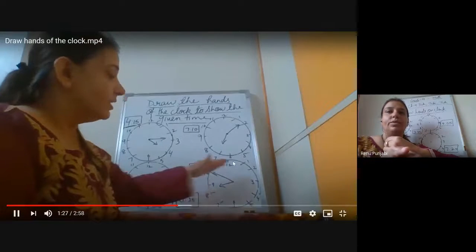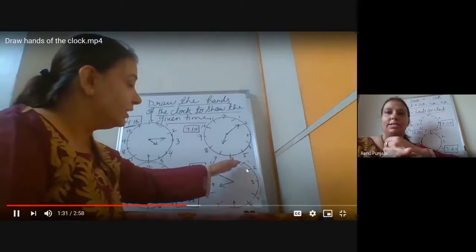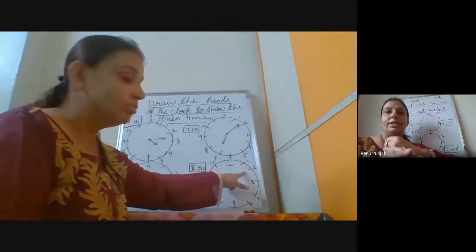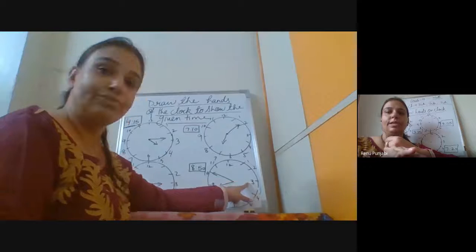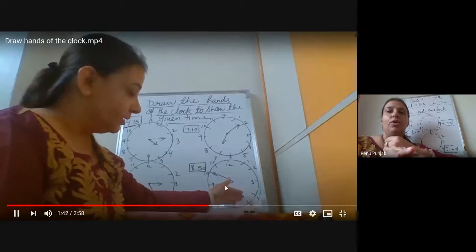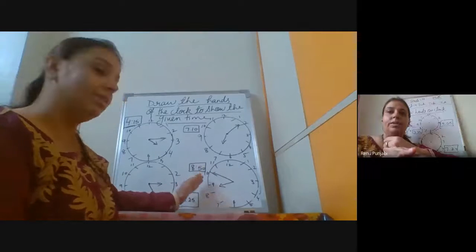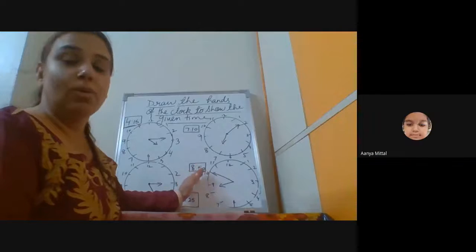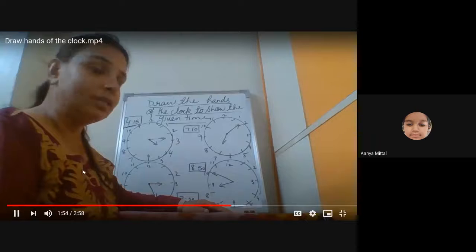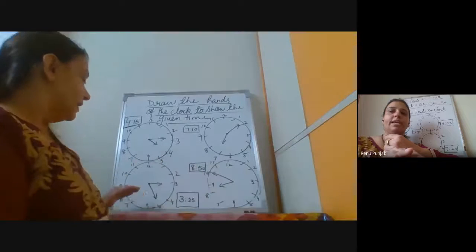See, 12 to 1 is 5 minutes. 1 to 2 is 10 minutes. 2 to 3 is 15 minutes. 3 to 4 is 20 minutes. 4 to 5 is 25 minutes. 5 to 6, 30, 35, 40, 45 and 50. Timetable. So it will be 8:50.